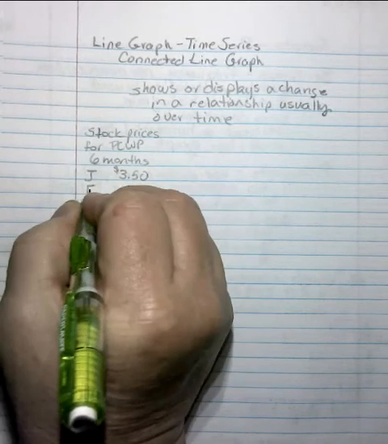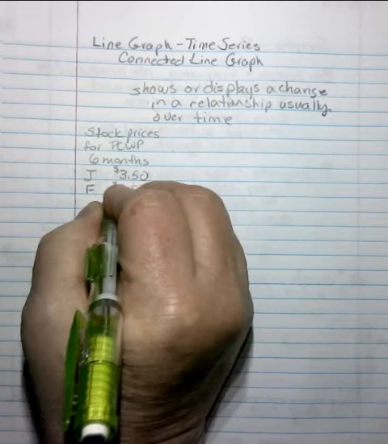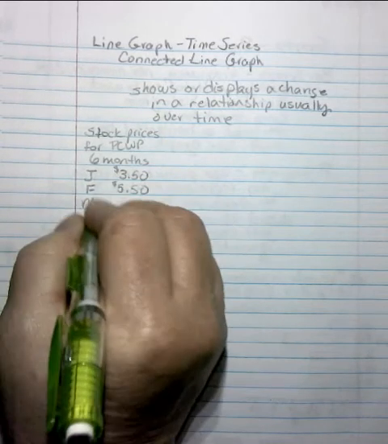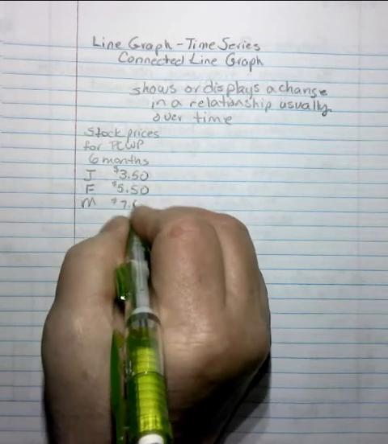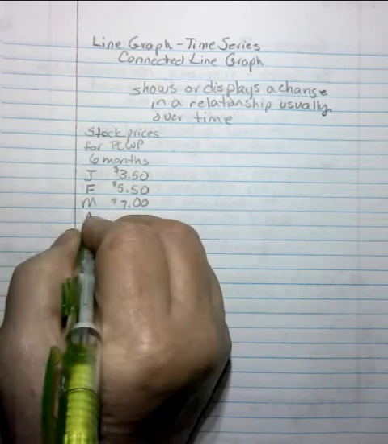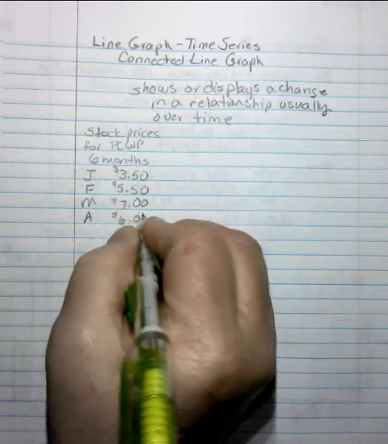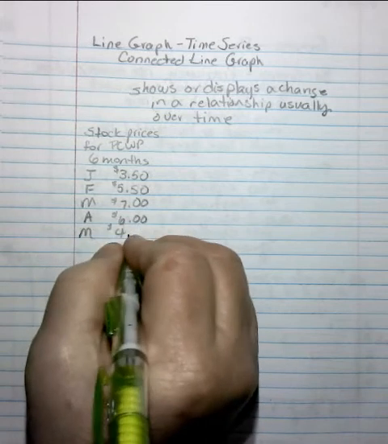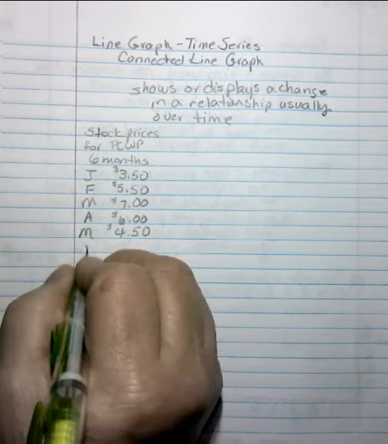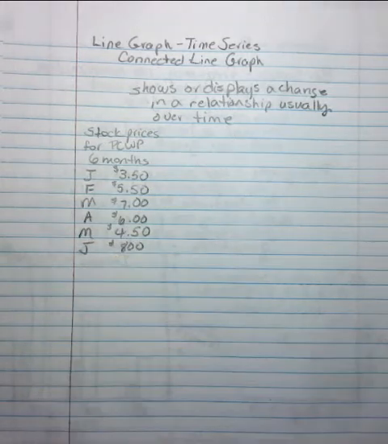In February, the price was $5.50. In March, the price was $7. In April, the price was $6. In May, the price was $4.50. In June, the price was $8.